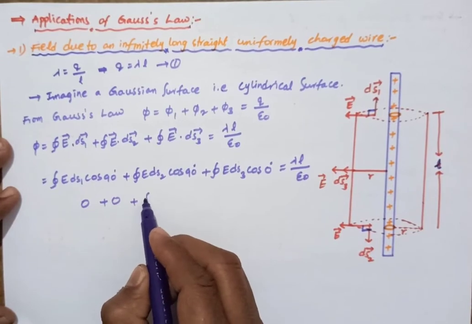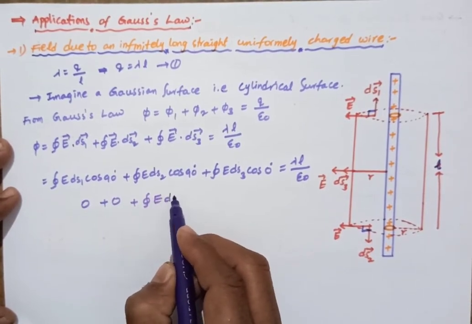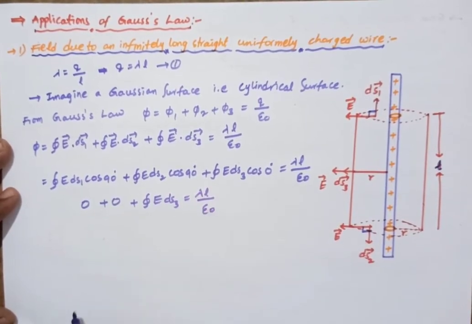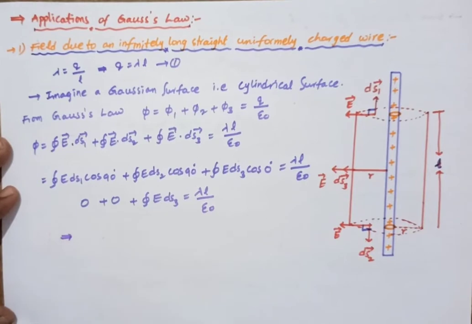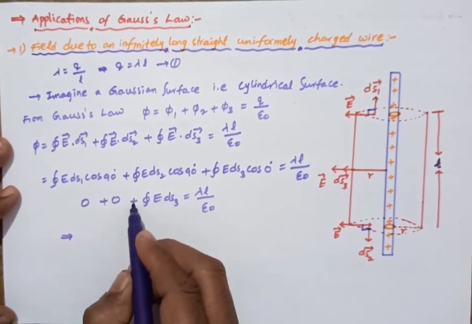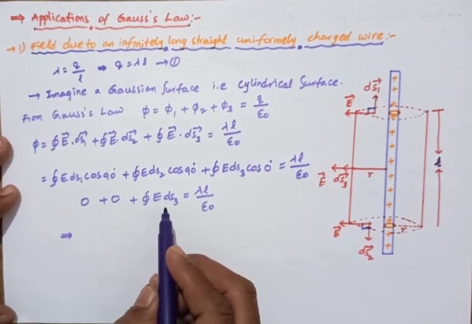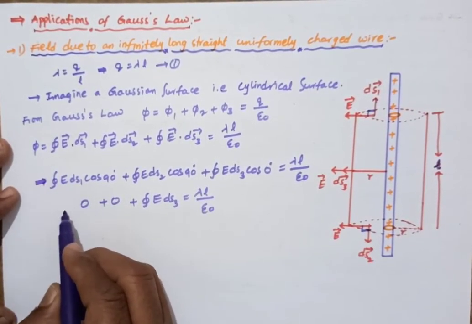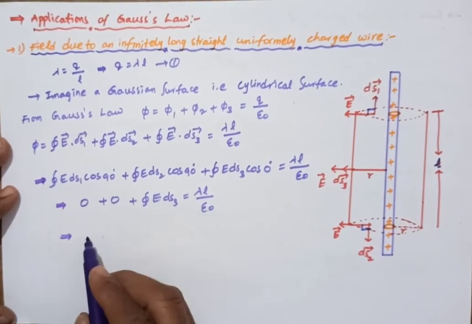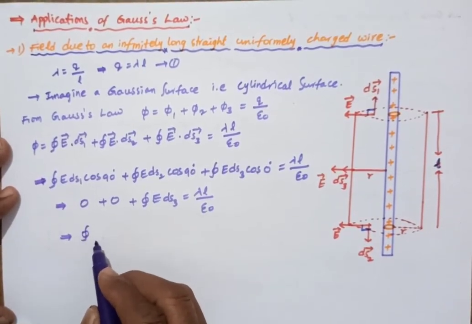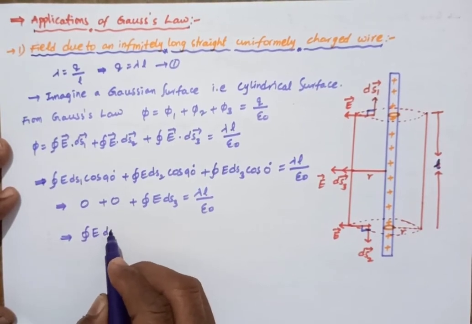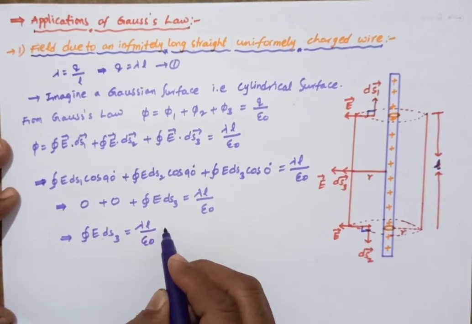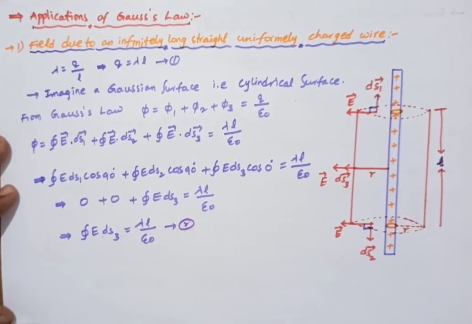So the closed integral of E ds3 equals lambda L by epsilon naught. This is equation number 2.